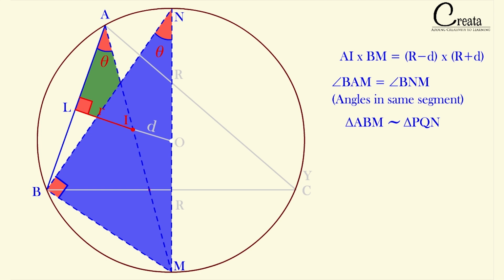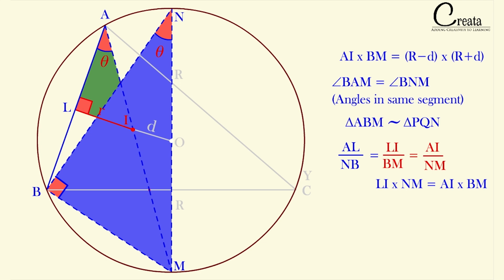And let's apply the properties of the similarities. We got AL upon NB is equal to LI upon BM is equal to AI upon NB. We have used the fundamentals of the similarities. Further, can we say LI into NM is equal to AI into MB? We have cross multiplied these two terms.